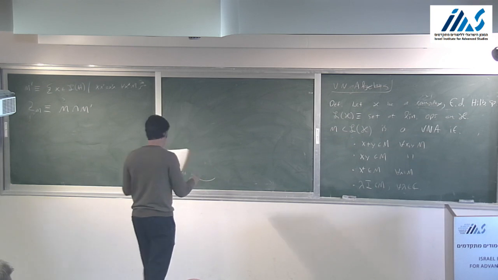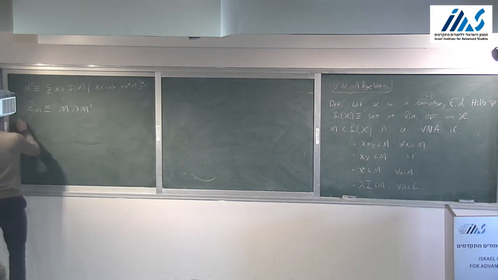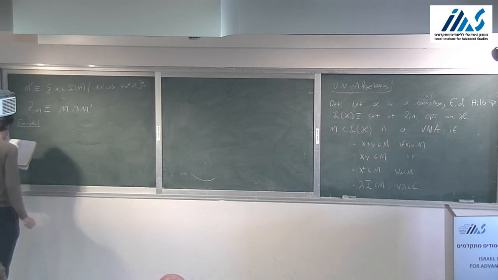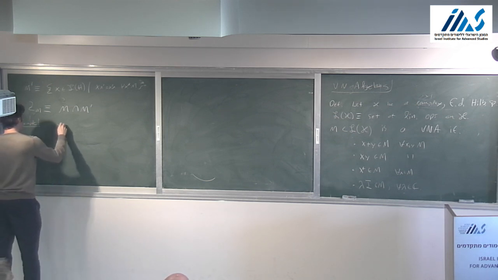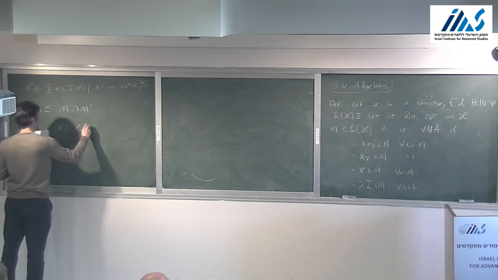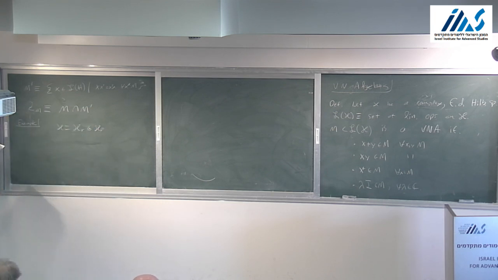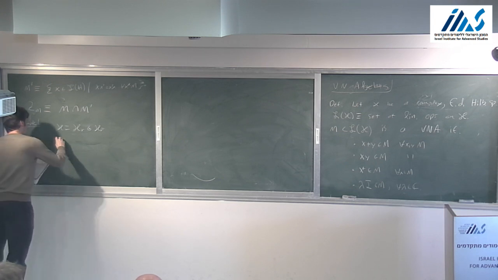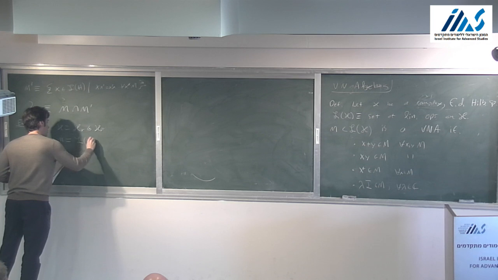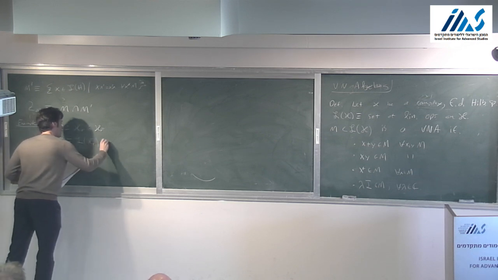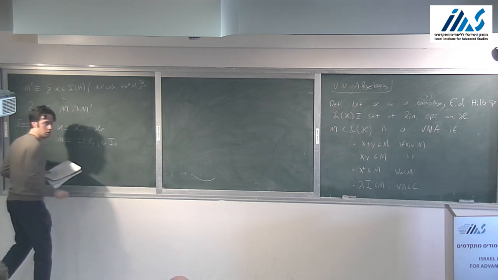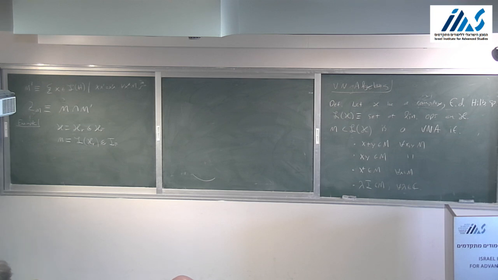So let's just do a simple example where we can see all of these three things. Let's take the Hilbert space to be a tensor product, H_R tensor H_R bar. And then let's take our von Neumann algebra to be the set of all the linear operators just on H_R, tensor with the identity on R bar. We can check that that's a von Neumann algebra.